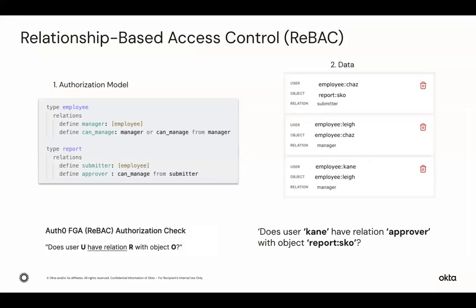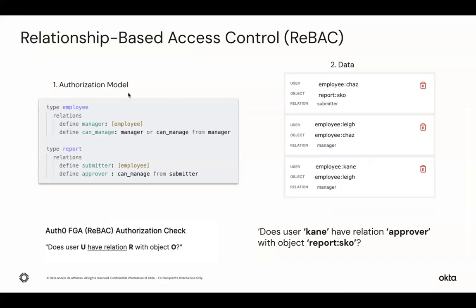So usually your application will ask FGA, does Ken have a relationship as an approver to this report? What's happening is FGA builds a tree of approving. It has first the report. The report has a relationship to Chaz as a submitter. Then Lee has a relationship to Chaz as a manager, and Ken has a relationship to Lee as a manager.